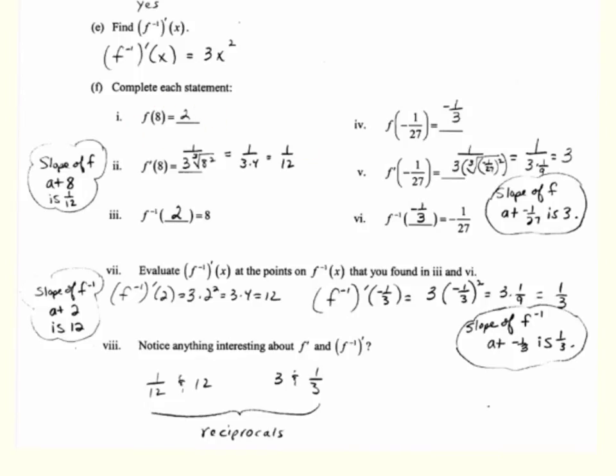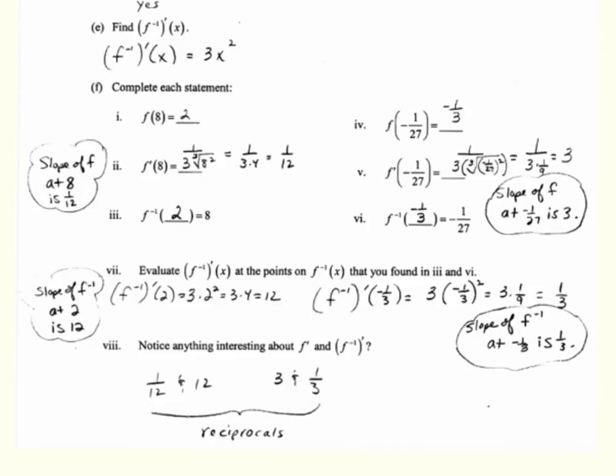So when we start looking at the derivative of the inverse function, it is going to yield a 12 when we look at f inverse of 2 taken at the derivative of f inverse. So down here you'll see that when we flip-flop these inputs, so instead of using 8 as the input for f prime, we are using 2 as the input for f inverse prime, we get the reciprocal slope.